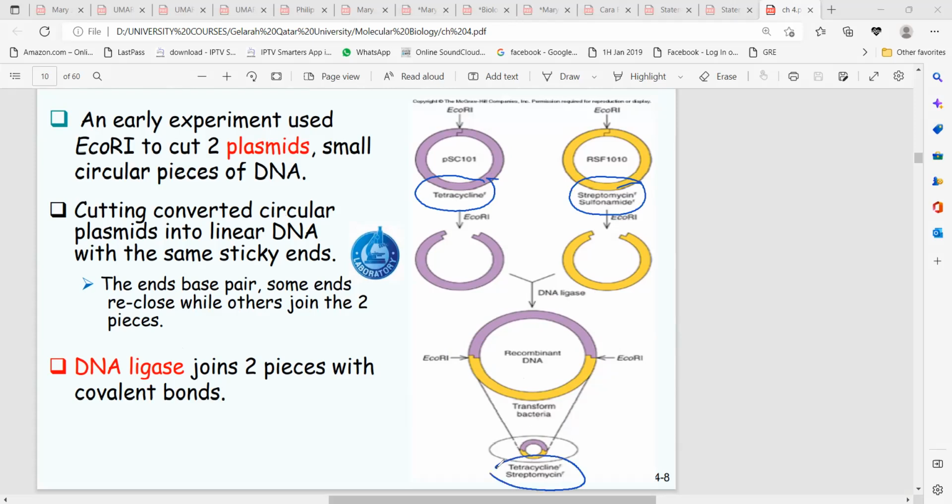It now has antibiotic resistance to both medicines. If you are taking any medicine with tetracycline and streptomycin, it is not going to kill that kind of bacteria because now the bacteria has antibiotic resistance to both.